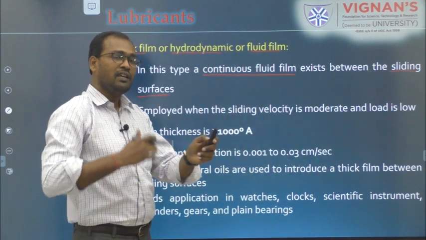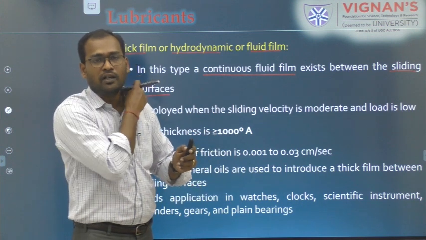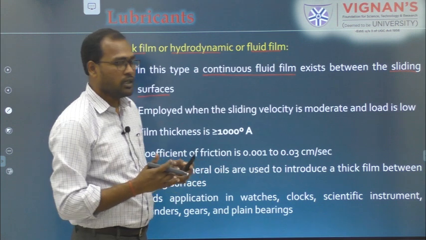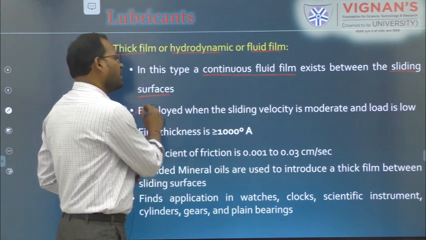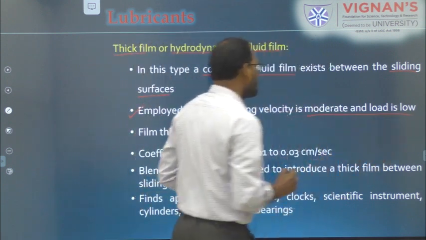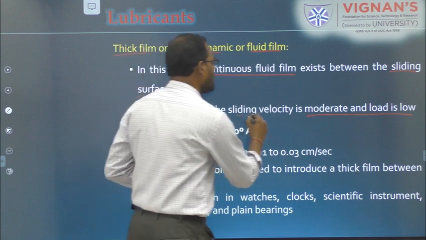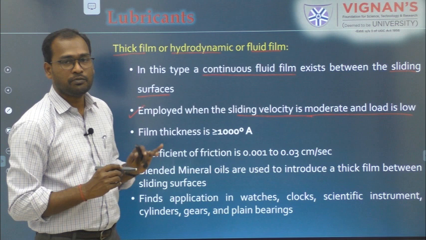So between the surfaces, the material keeps on revolving like the engine oil put in an engine, right? So that engine oil will be a continuous one, right? It is employed when the sliding velocity is moderate and load is low.